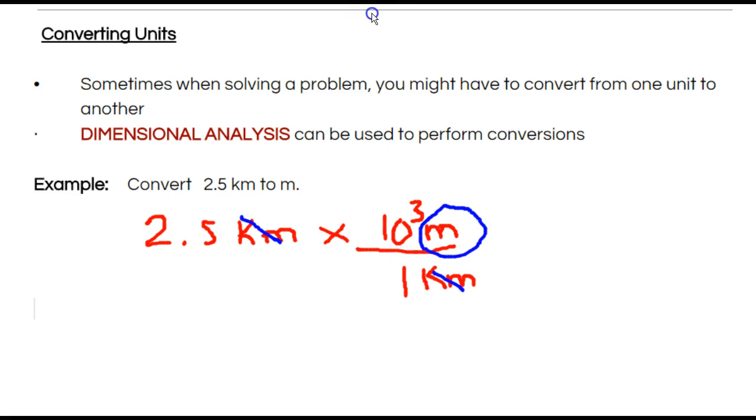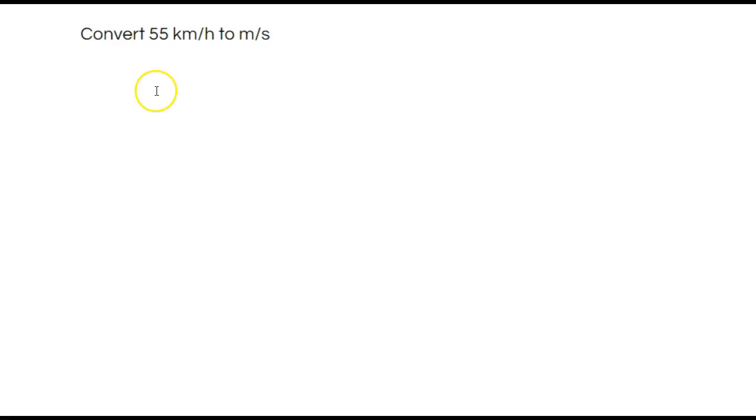And of course we know that this is going to give us 2,500 meters. So that is an illustration of the process, and the process is based on just the cancellation of units using a factor that relates those two units. Okay, on to a harder example.